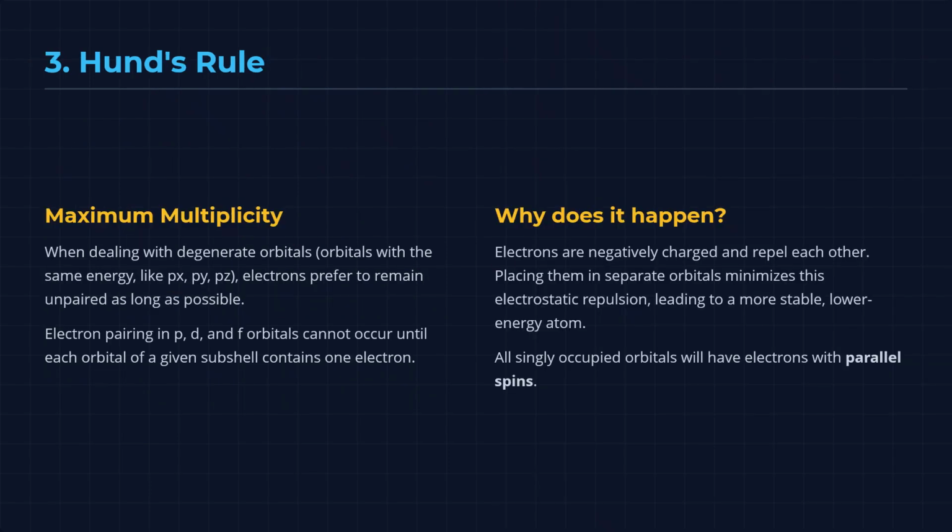Now third principle is Hund's rule. We call it Hund's rule of maximum multiplicity. This rule should also be followed while writing the electronic configuration. What does this rule indicate?